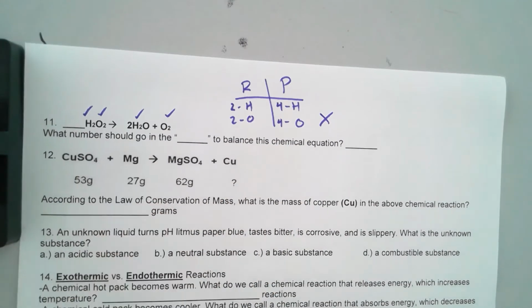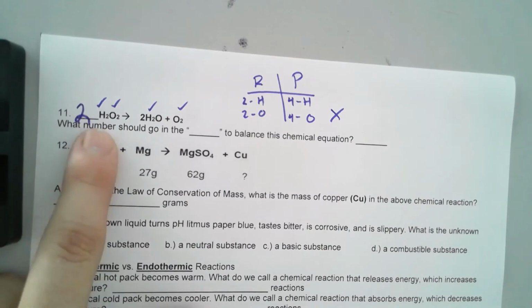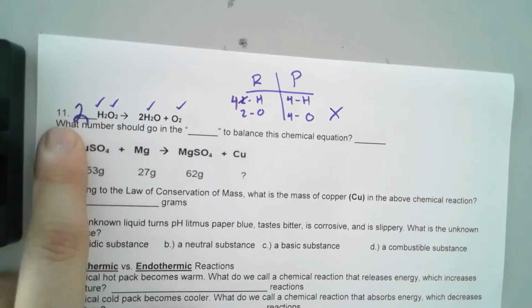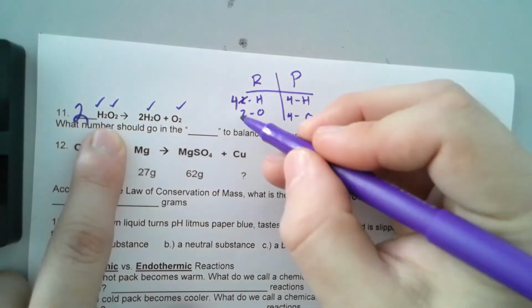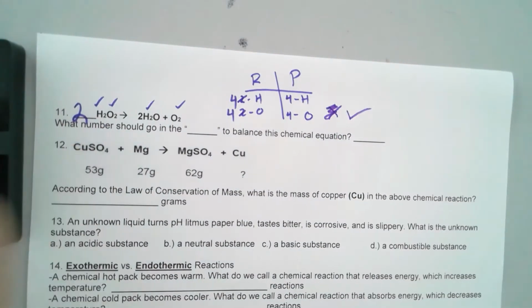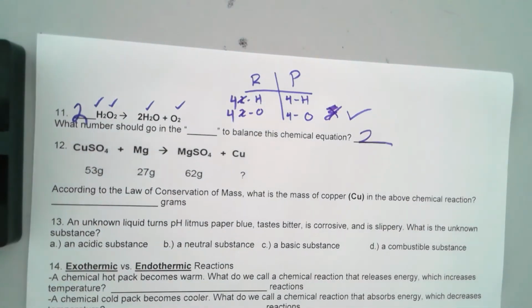If I put a 2 here, this will be 2 times 2, which will make it 4 hydrogens, and then 2 times 2 oxygens, which will make us 4 oxygens. Now, it's beautiful and it's balanced. Alright, so what number should go in there? 2. A coefficient of 2.